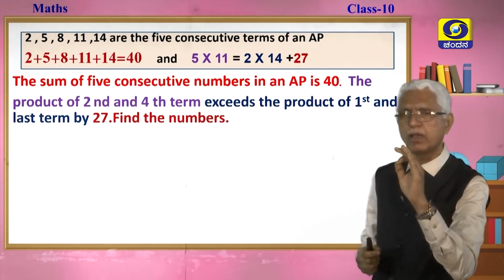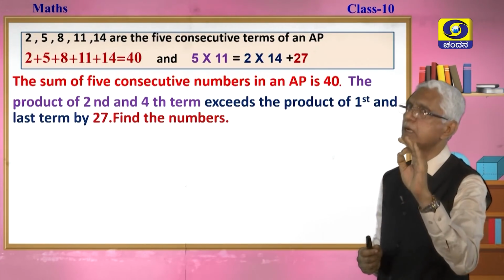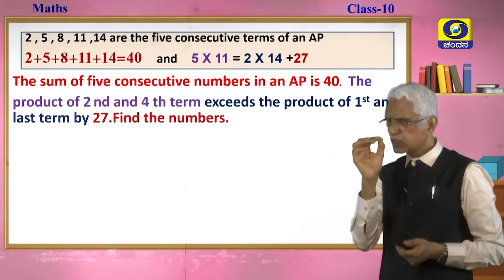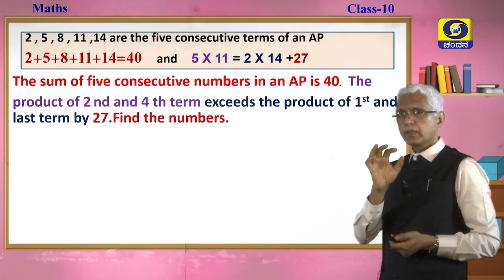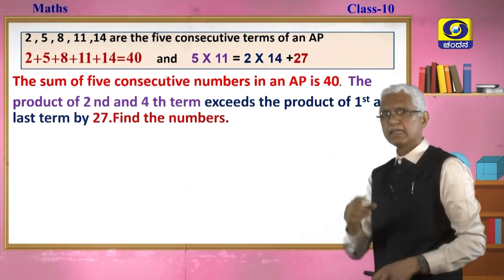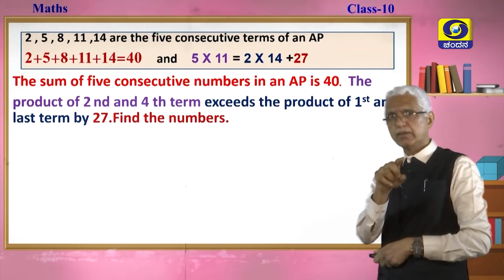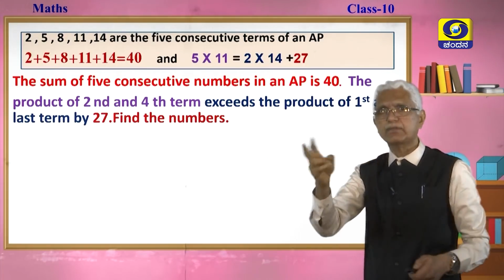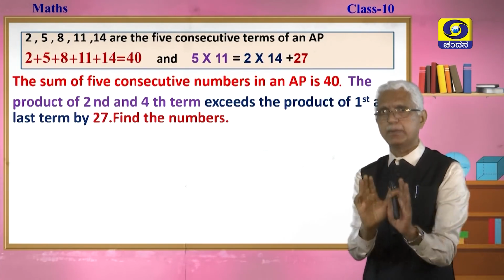You need to be very careful with such word problems, correct. You have to be extremely careful. The product of the second and the fourth, we will verify here. Second is 5, fourth is 11, 5 11s are 55. So, the product of the second and the fourth is 55. Keep it aside.